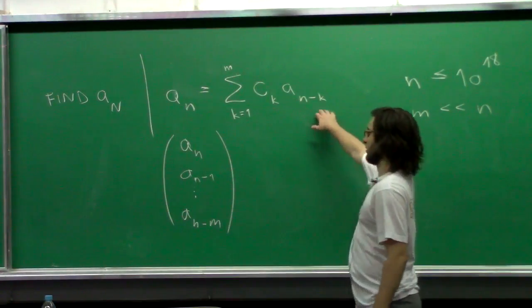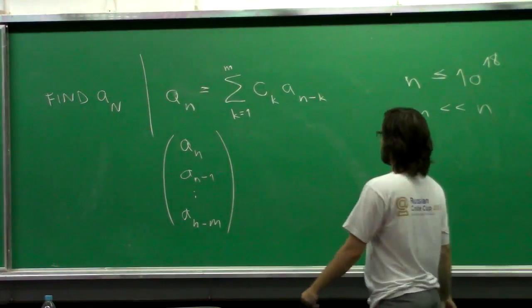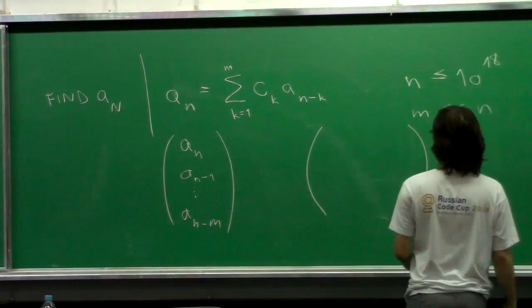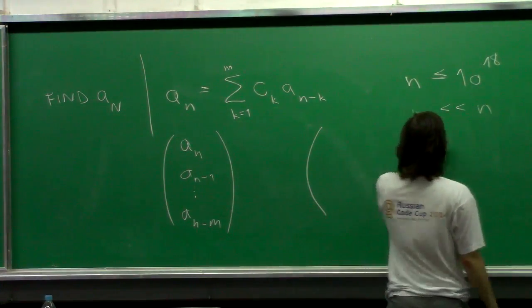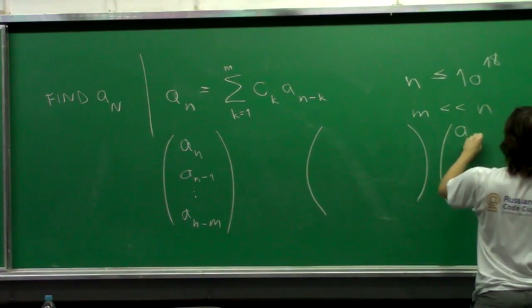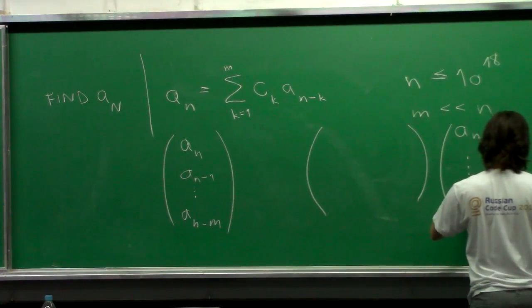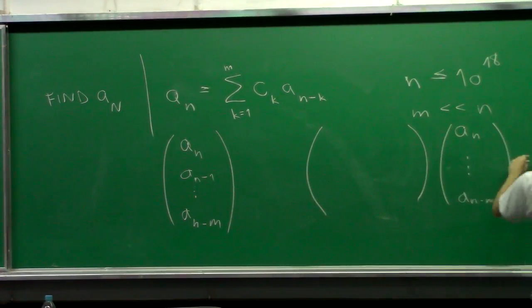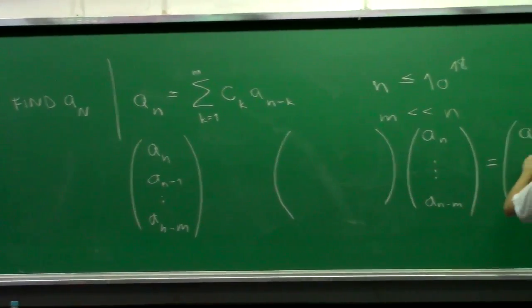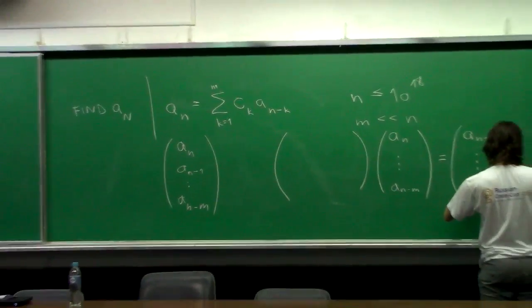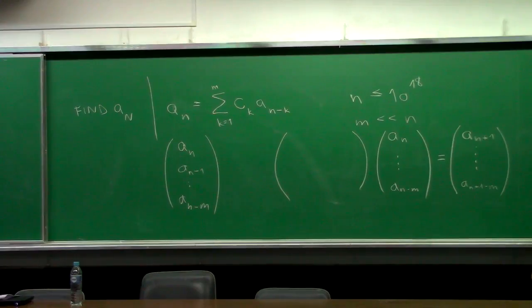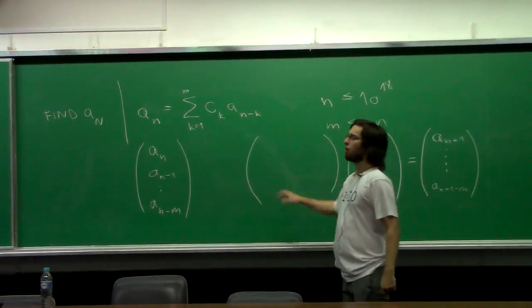Since this is linear, the matrix we would use in this case, if we multiply it by an up to an minus m, then we would get an plus 1 up to an plus 1 minus m, and we want to find out what's this matrix.